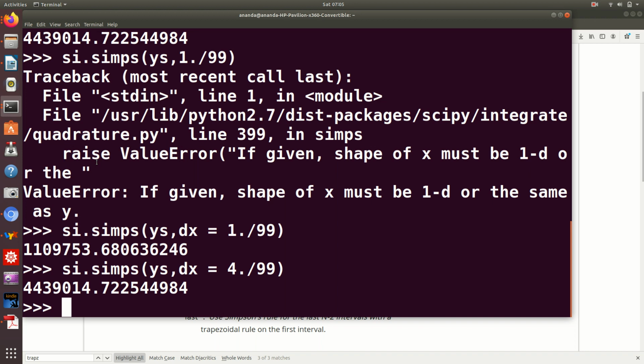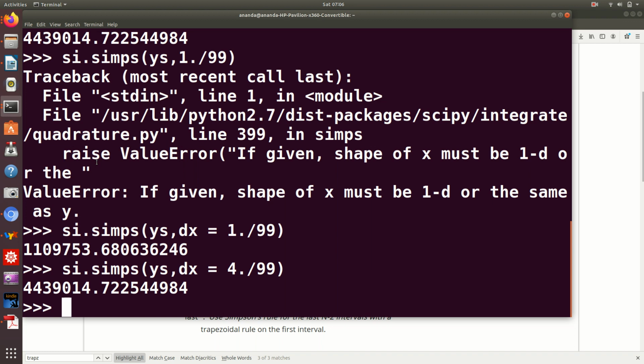The dx argument works only when your x's are equally spaced, so you can say what is the gap between the x's. But if you have an unevenly spaced independent variable, that is, the x array is unevenly spaced, then Simps will take three successive points, send a parabola through them, calculate the area under the parabola, and keep on repeating that.